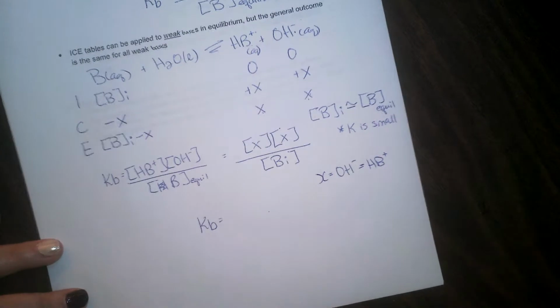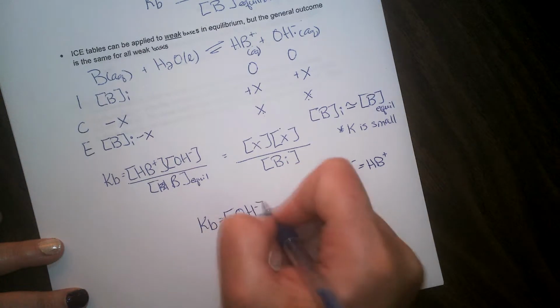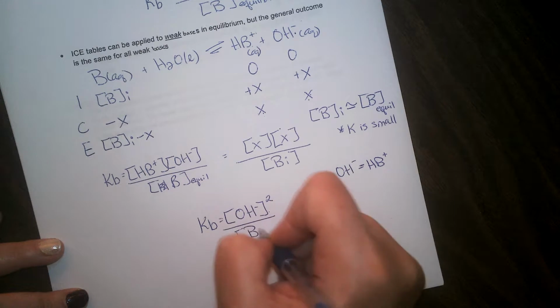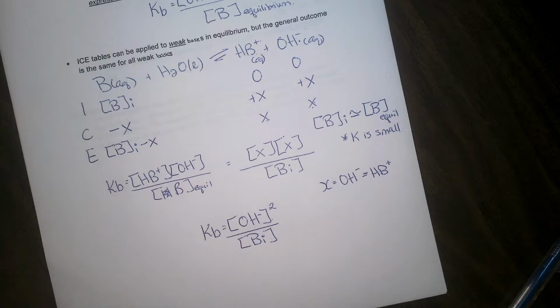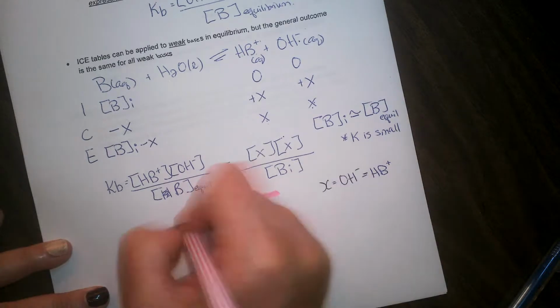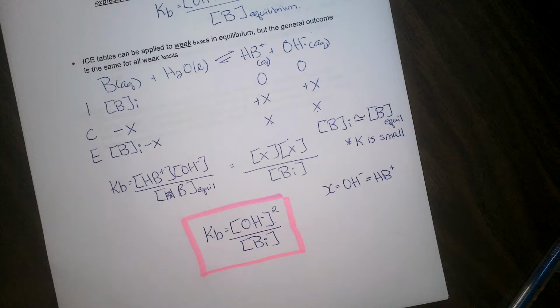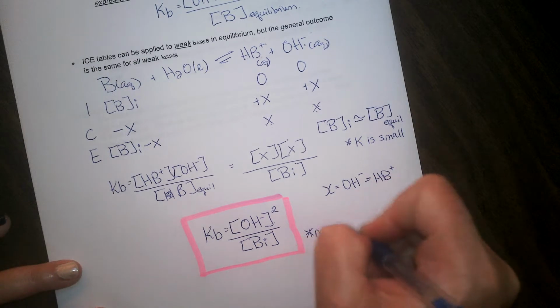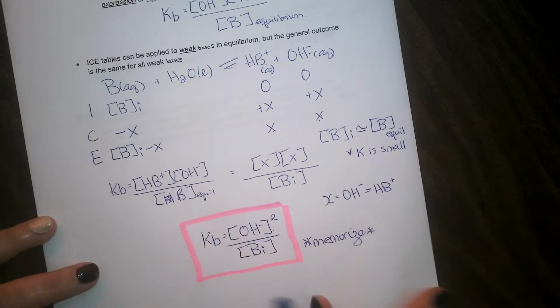Ka is for acid. Kb, OH negative squared, divided by your initial base concentration. Okay? And this is what you have to memorize. I don't ask you for lots, but here's two that you have to memorize.